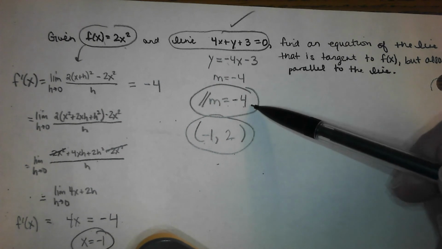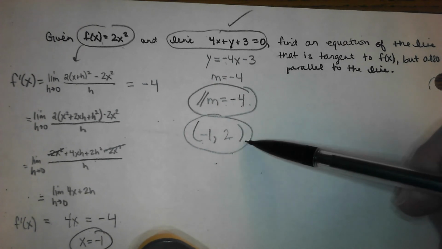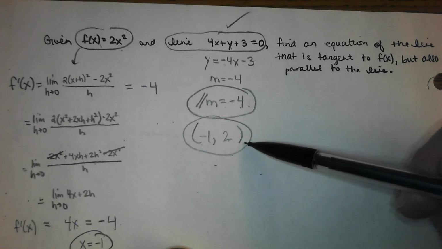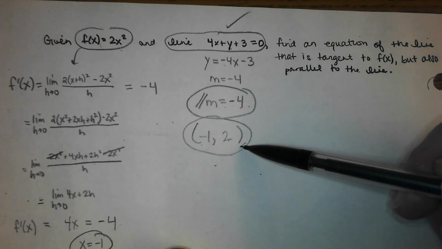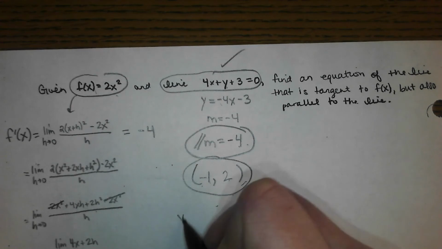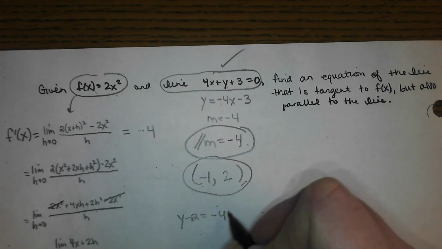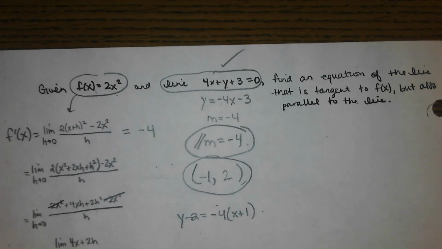So slope of the tangent line, point on the tangent line, also has to be the same as the point of tangency that's on the function itself. Do we follow that? So writing the equation like this, y minus 2 equals negative 4, x plus 1.